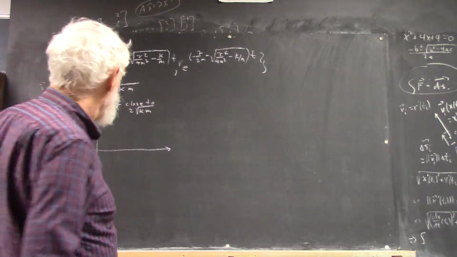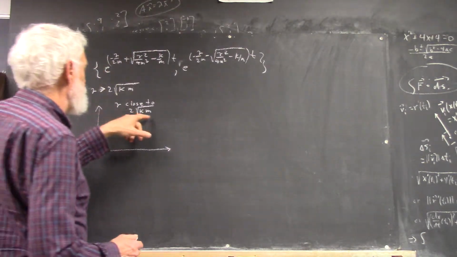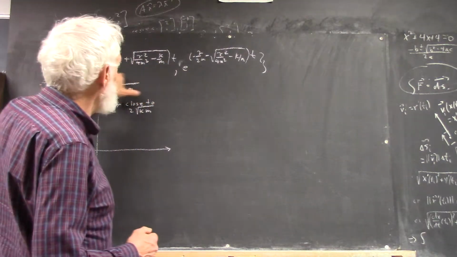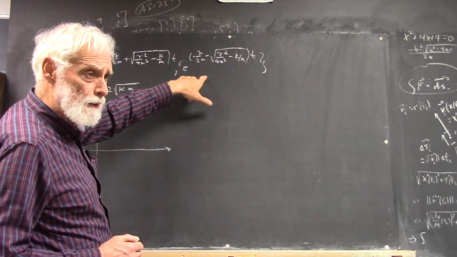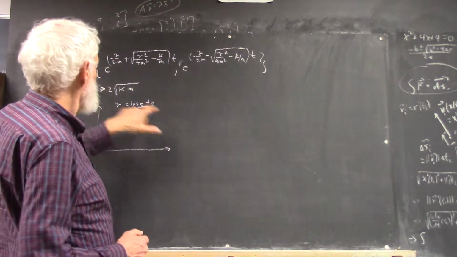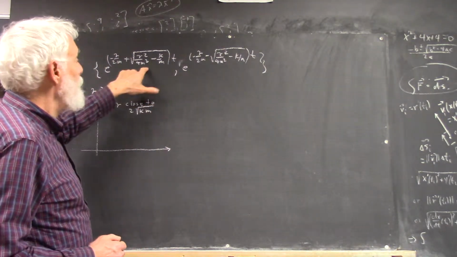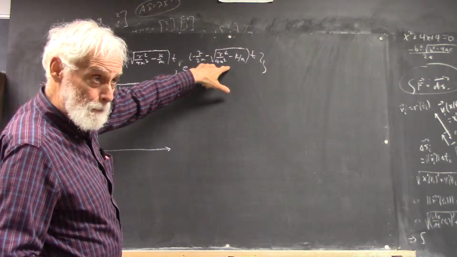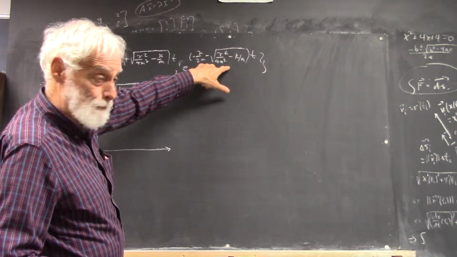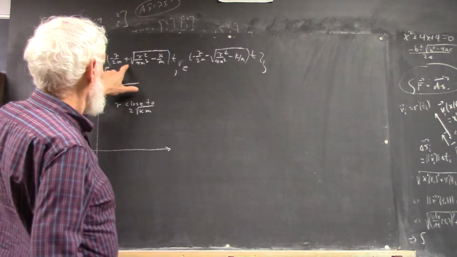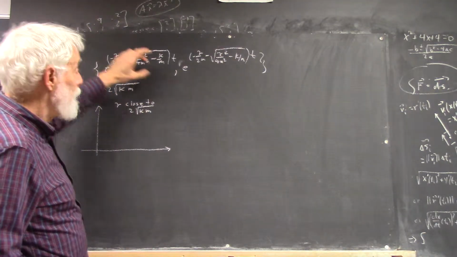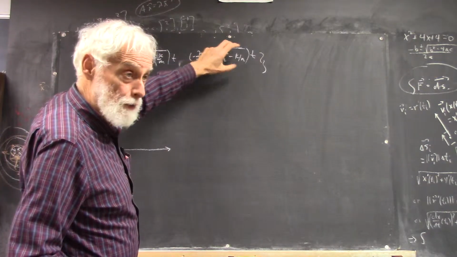So if gamma is close to 2 square root of Km, then these two functions have to be close to each other. Because gamma is close to 2 square root of Km, both of these square roots are going to be small numbers. So you're not going to have much difference between negative gamma over 2m plus this and negative gamma over 2m minus this, right?